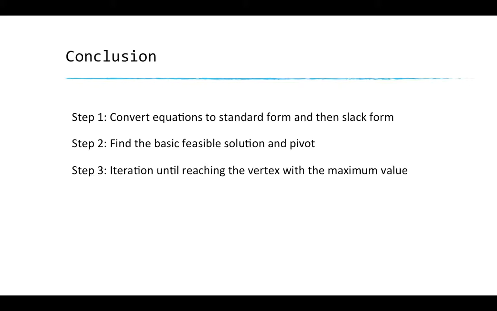If a basic solution has no negative values, then it is a basic feasible solution. Moreover, a basic solution or a feasible basic solution corresponds to a vertex of the feasible region. We can determine the feasibility of a basic solution simply by examining the signs of all the variables in the solution. And to run the simplex algorithm, follow these 3 simple steps.